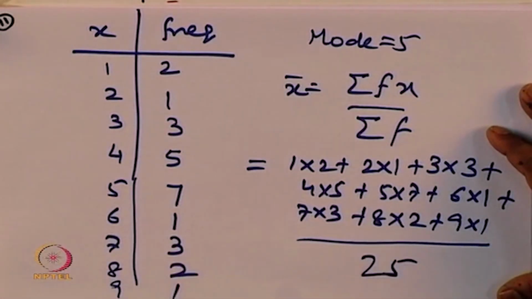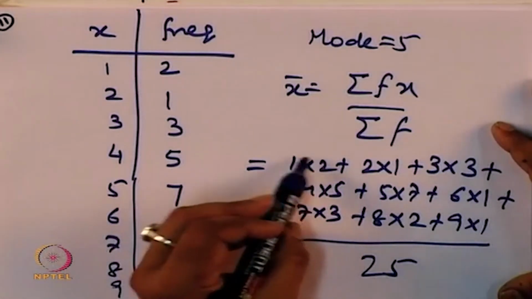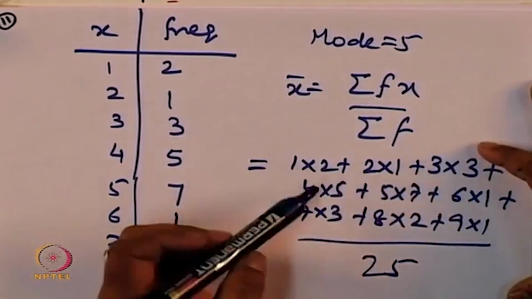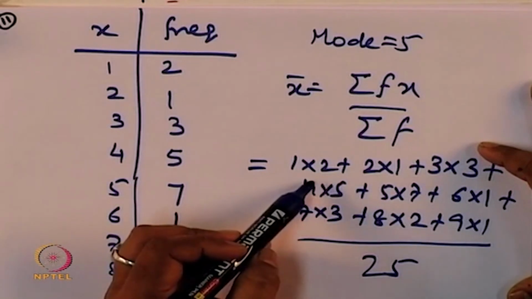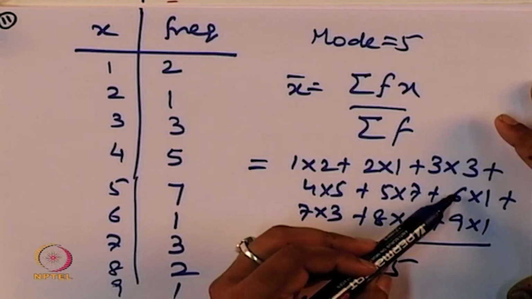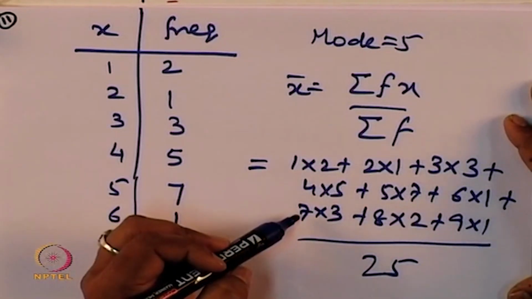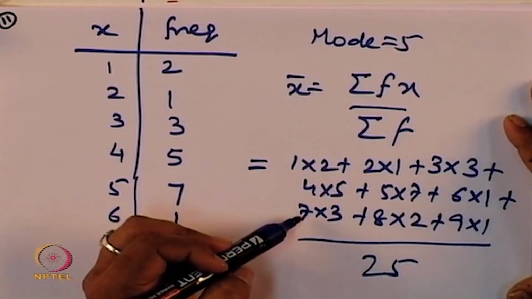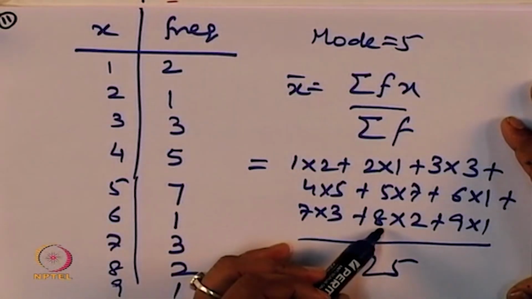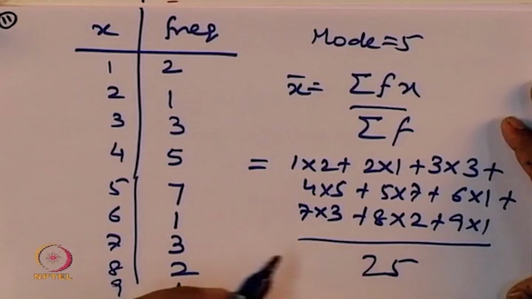So, let us calculate the sum here. We have 2 plus 2 is 4, 4 plus 9 is 13, 13 plus 20 is 33, 33 plus 35 is 68, 68 plus 6 is 74, 74 plus 21 is 95, 95 plus 16 is 101, 101 plus 9 is 110.